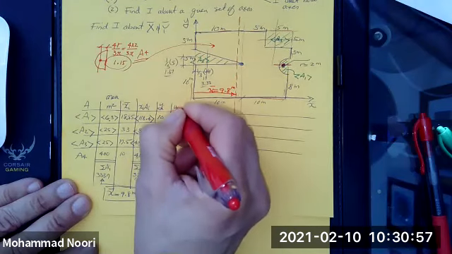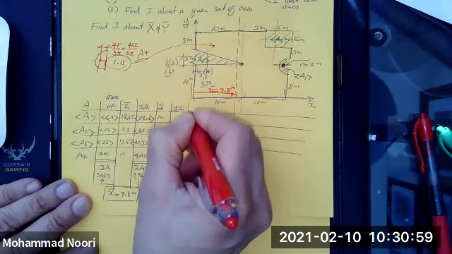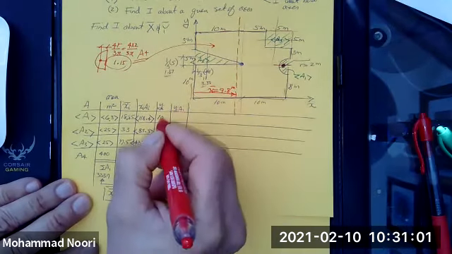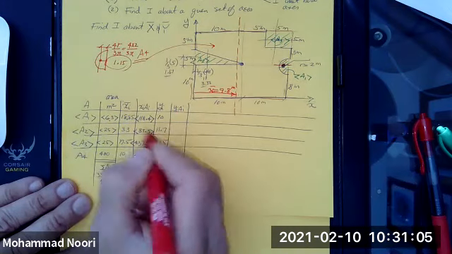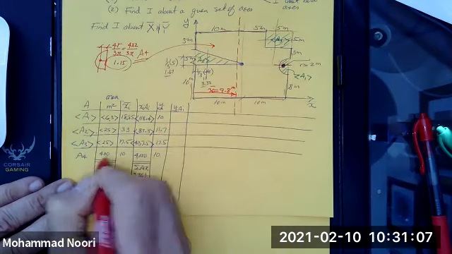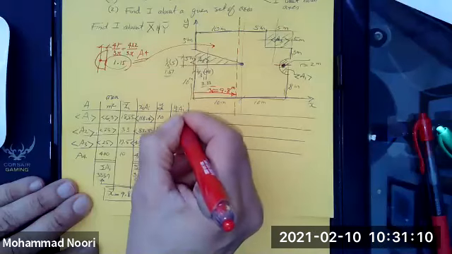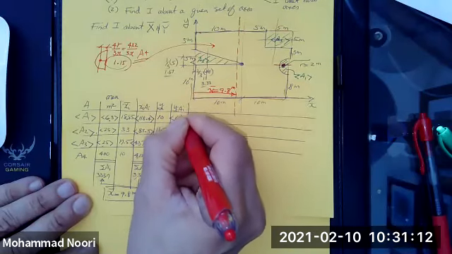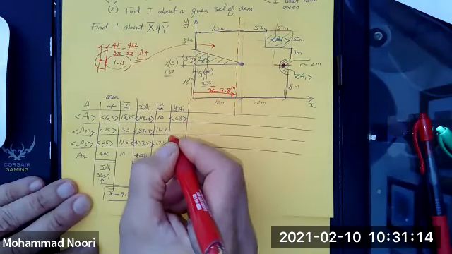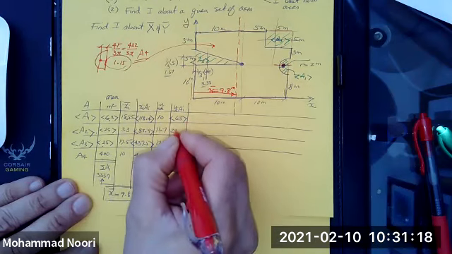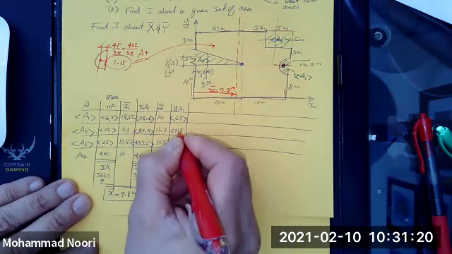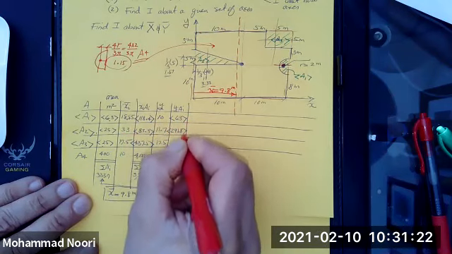Now, next column, similar to what you did here. This times the corresponding area. So you just find the product of these two and tabulate them here. So this would be 63 negative. This would be 291.8 negative.